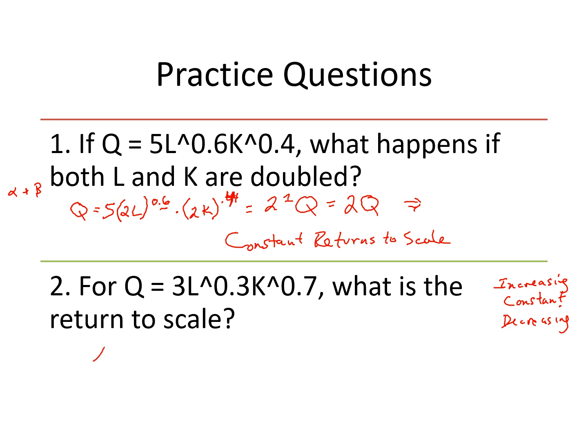Well, we know that alpha plus beta equals 0.3 plus 0.7. So that equals 1. If you recall from the earlier slides, when alpha plus beta equals 1, it simply means constant returns to scale. So for each additional unit of labor and capital, you will have constant returns to scale. You're not increasing your returns and you're not decreasing.